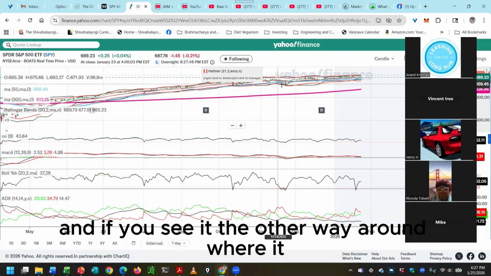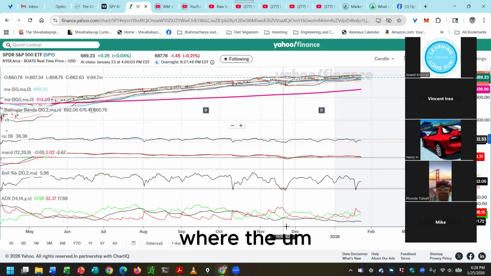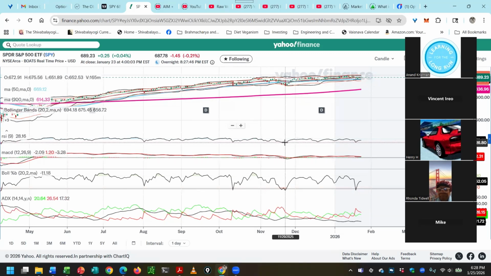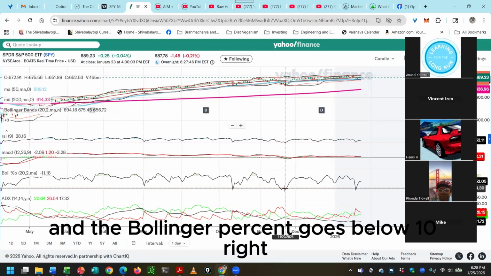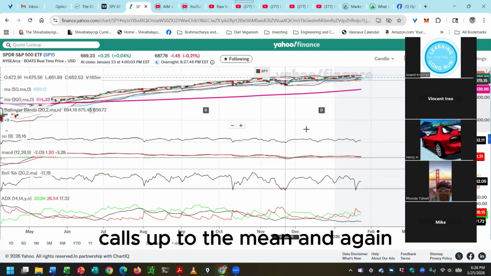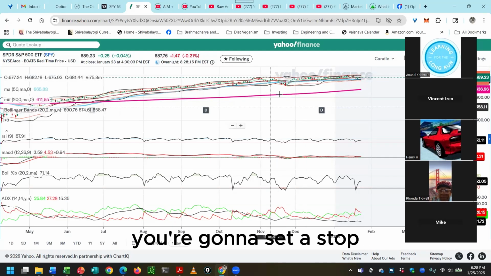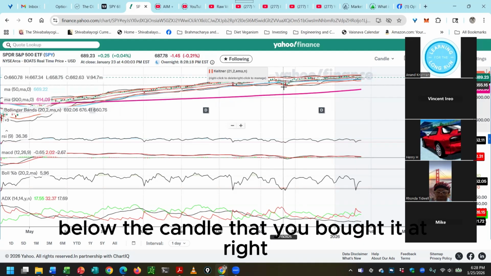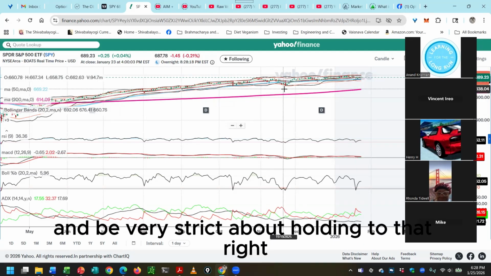And if you see it the other way around, where the RSI goes below 35 and the Bollinger percent goes below 10, you can start buying calls up to the mean. Again, you're going to do it short term. You're going to set a stop below the candle that you bought at, and be very strict about holding to that.